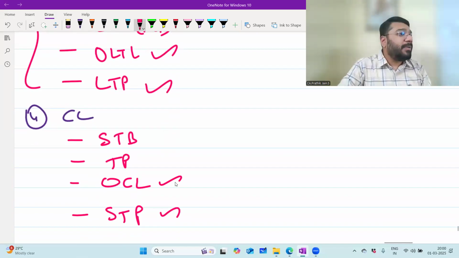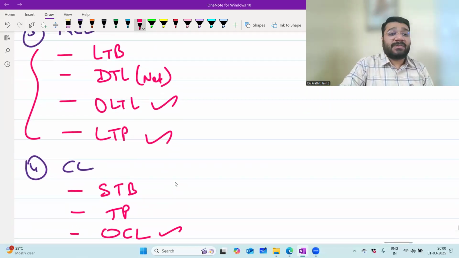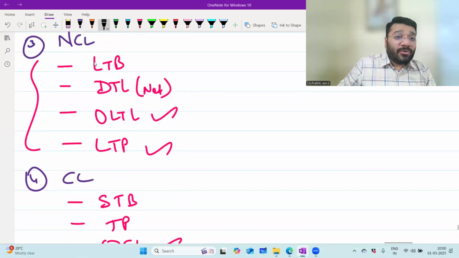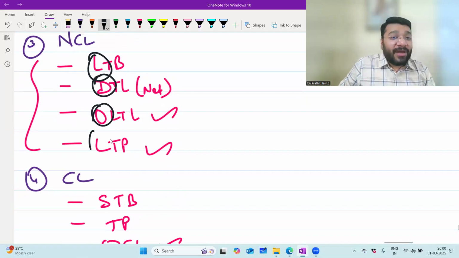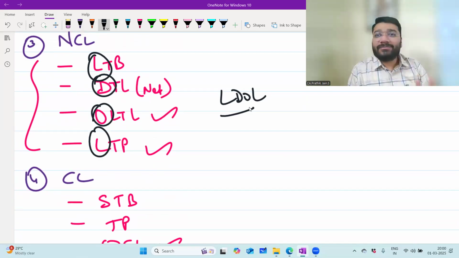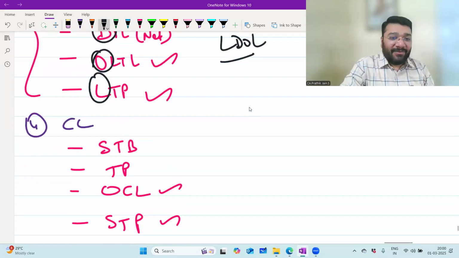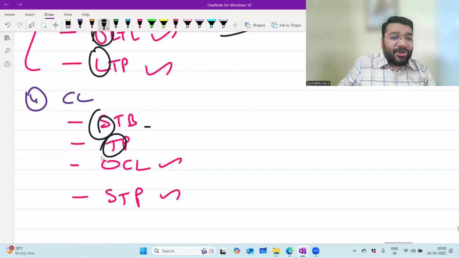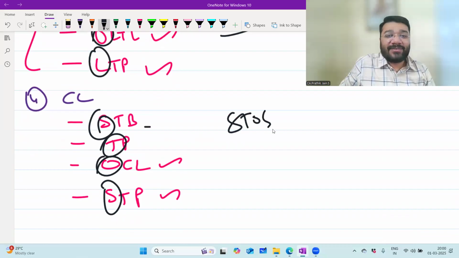Any difficulty to remember? Some people have this drama: LDOL, by heart. LDOL, LDOL. Will you sit and memorize all this by heart? You can do it if you want. You can make dot points. STOS, STOS.